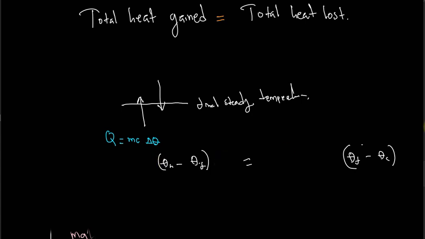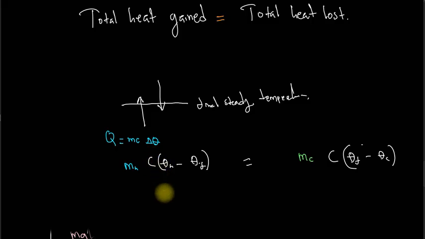So the mass of water might be different, so we can just use the terms. I can use m hot for the hot water, and m cold for the cold water. What about specific heat capacity? Some of you may ask.